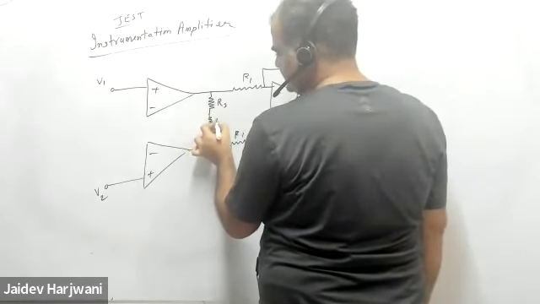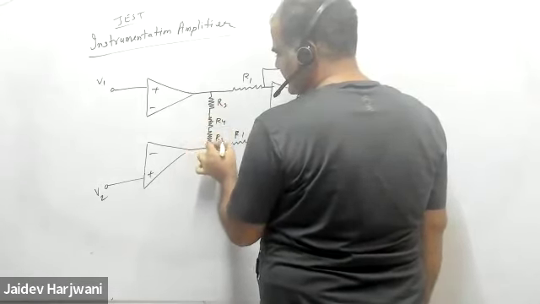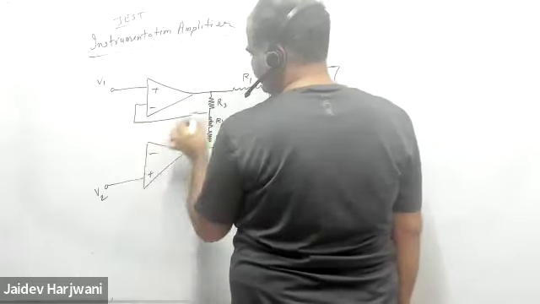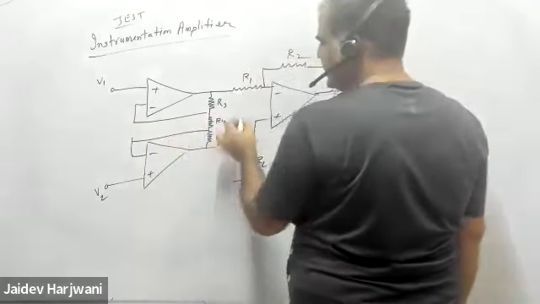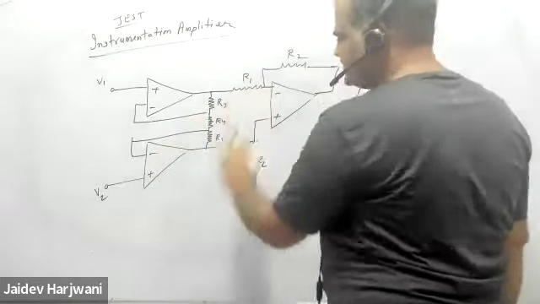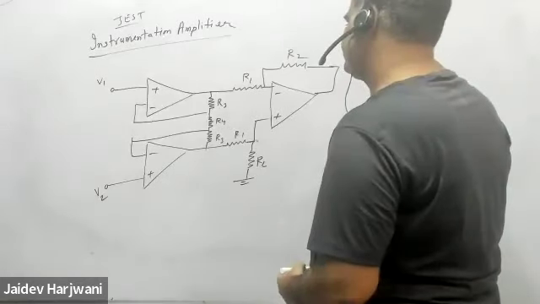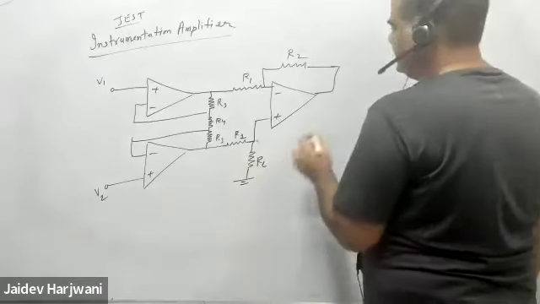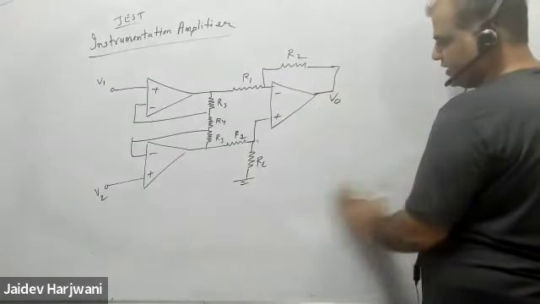Here one more resistance is R4, and here one more resistance is R3. They may be different also, but for simplification, I'm putting the same. If you want, you can take all R, only this is changed, R4. So this is my instrumentation amplifier, and I want to find what is my V naught here.